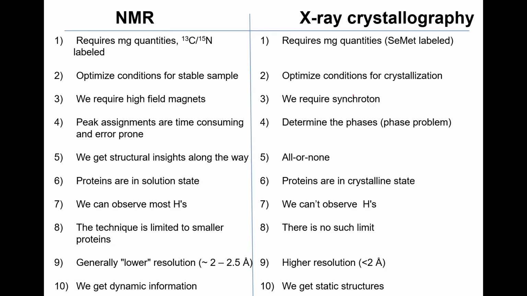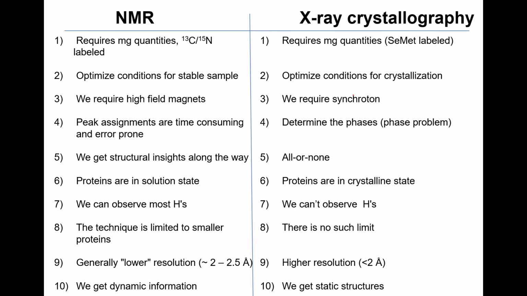As you increase the molecular weight of your proteins, the resolution decreases in NMR. If you compare the resolution between NMR and X-ray crystallography, you will find that in X-ray crystallography you get much higher resolution structures of your proteins as compared with NMR.